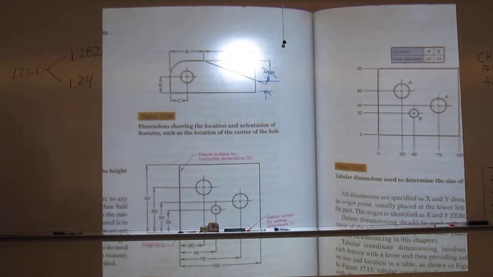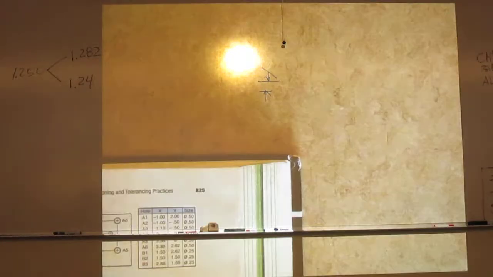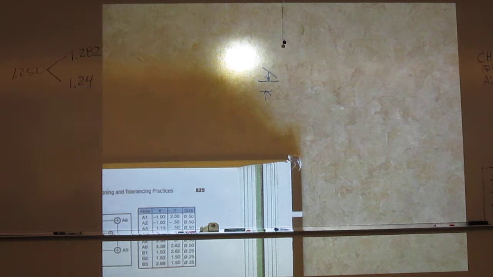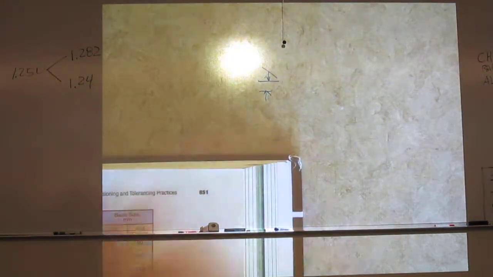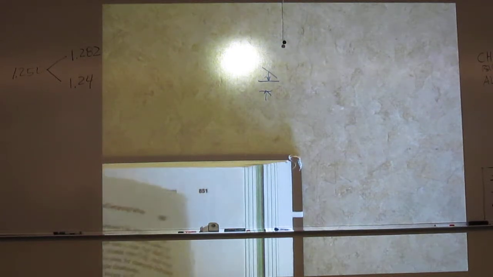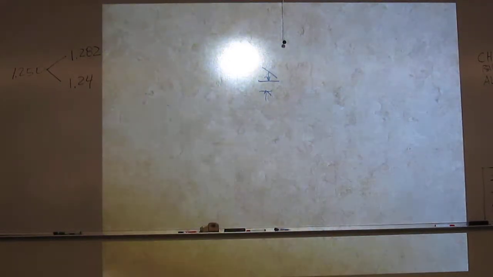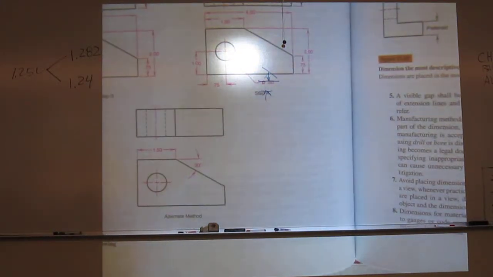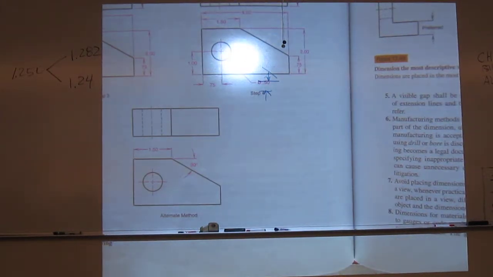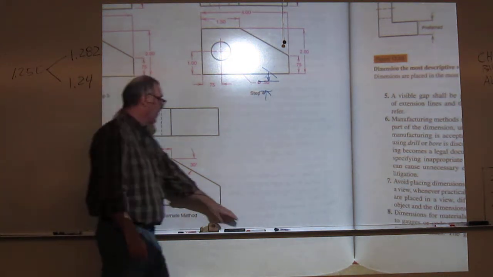Let's look at another diagram where the author really kind of points this out. Figure 1743, I've got written down. I don't remember that being right. Yeah, it is. Okay, here's 1743, where the author compares and contrasts the two methods.